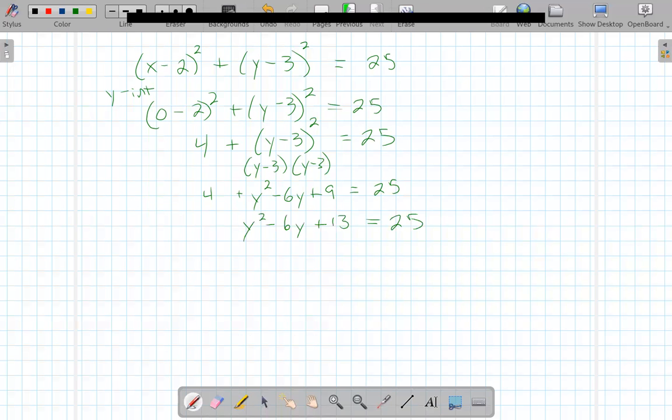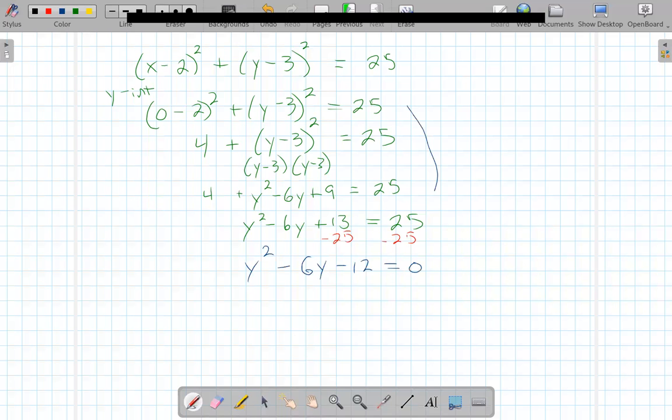So we'll subtract that 25 over. And so then I'm going to end up with y squared minus 6y. Let's see, 25 minus 13 would be 12, but it should be negative 12, equals 0.